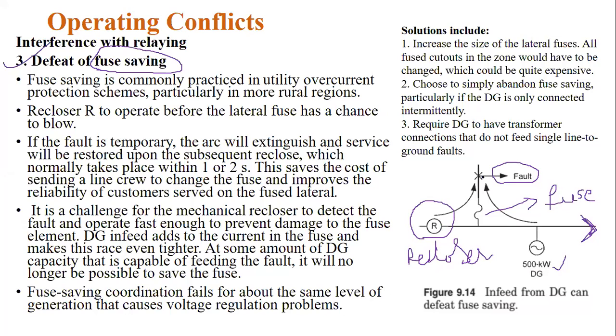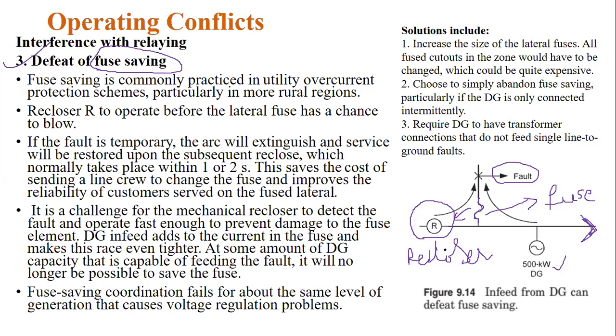Why? Whenever the fuse is burning, the fuse melts, it will take some time, and in that time some amount of current is passing through this region. So the recloser in that region senses that fault and clears the fault.